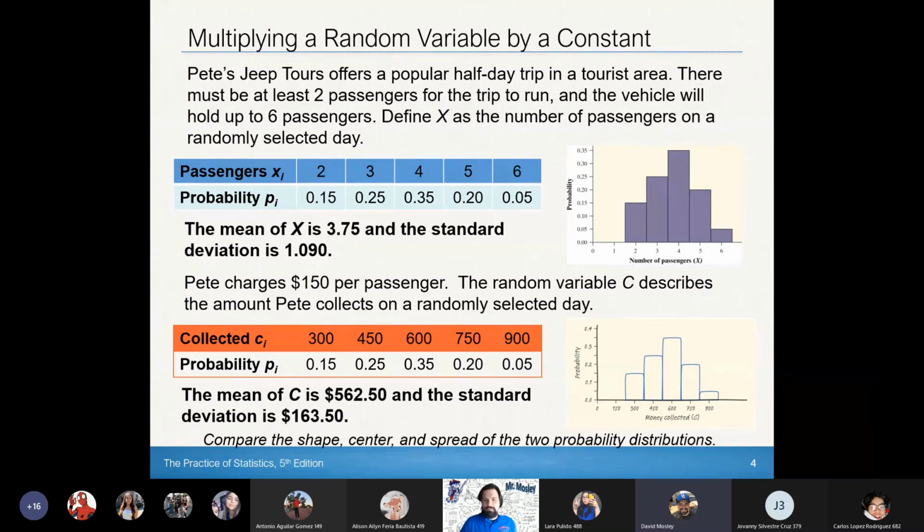Well, we just multiplied the mean of X by 150. And we multiplied the standard deviation by 150.